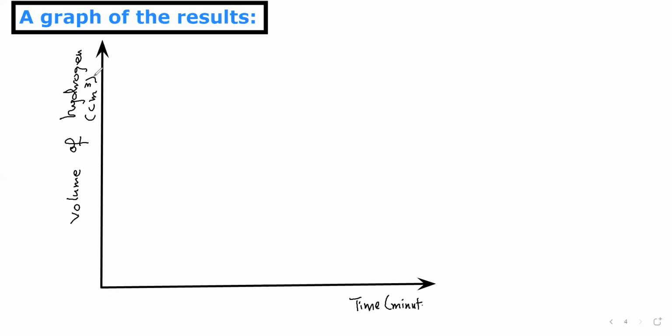Time in minutes, and volume of hydrogen in cm3. Let me quickly remind you, magnesium was reacting with HCl. Metal reacts with acid, it forms salt MgCl2 plus hydrogen.